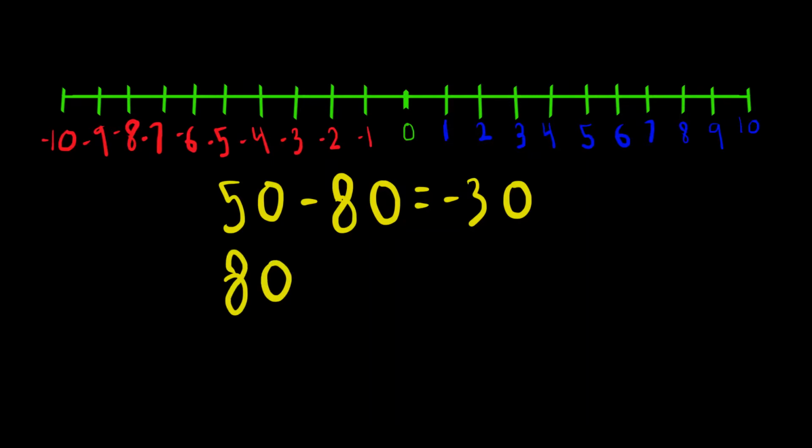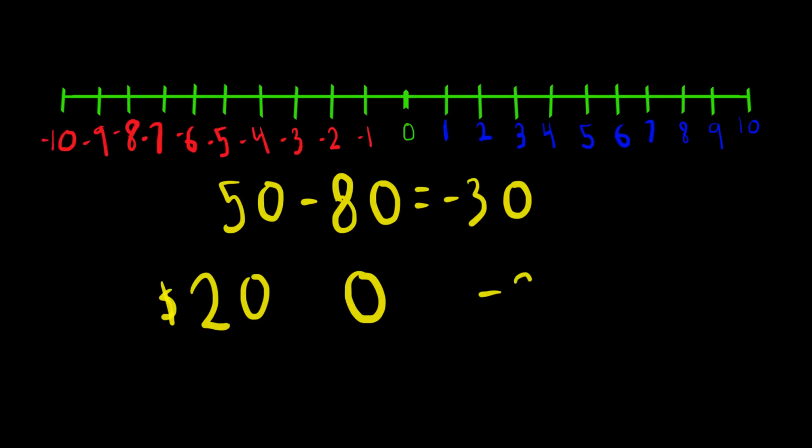So 80 minus 50 is positive 30, while 50 minus 80, the reverse, we would get negative 30. And there are three scenarios here in the bank. We could have money in the bank, say $20, we could have no money in the bank, or we could owe the bank $30.